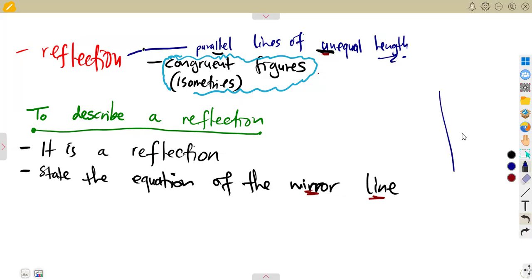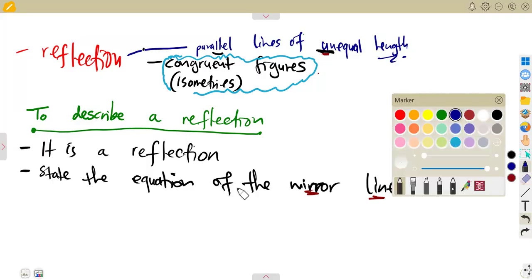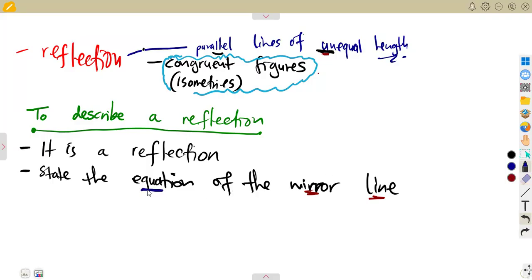Those vertical lines and horizontal lines, you must be able to understand the equations. I'm not going to talk about that. It's something we have from our straight line graphs, so revise them.